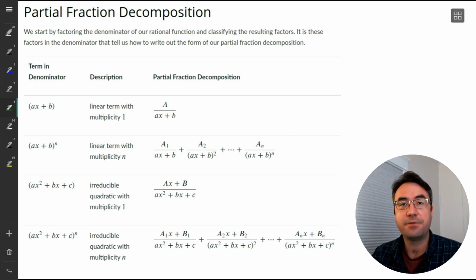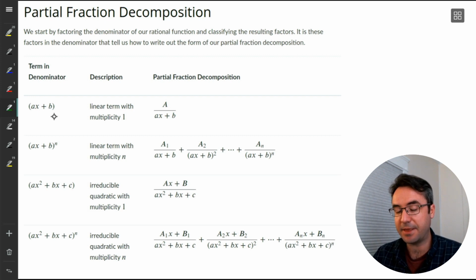All right, so if we factor our denominator and we see a term like ax plus b, where a and b are just constants, this is a linear term, and there's an exponent of 1, so we say it's a linear term with multiplicity 1. It shows up in our denominator just once.